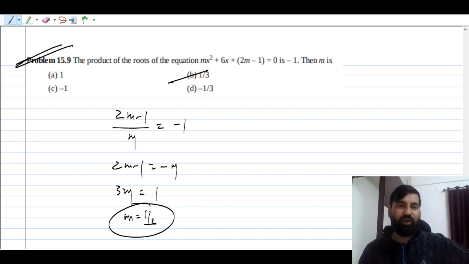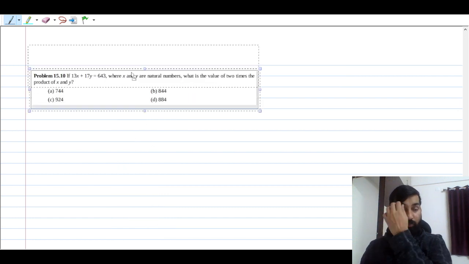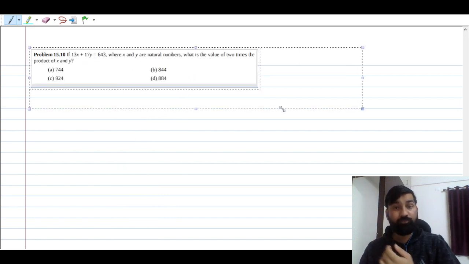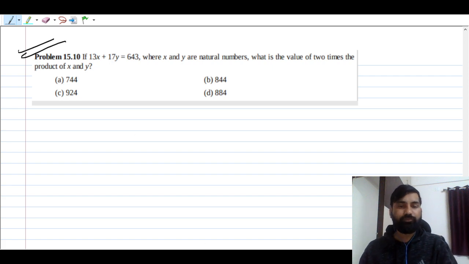I give one question, you can do this question like this, right. Look, after that we will talk about log. So you see, if 13x plus 17y equal to 643, where x and y are natural numbers, what is the value of 2 times the product of x into y?